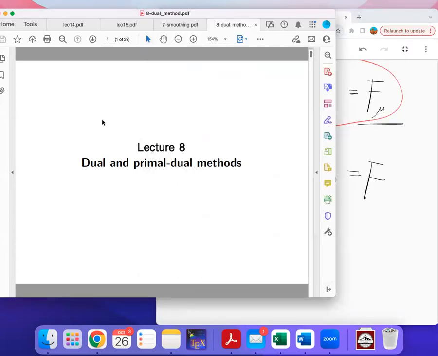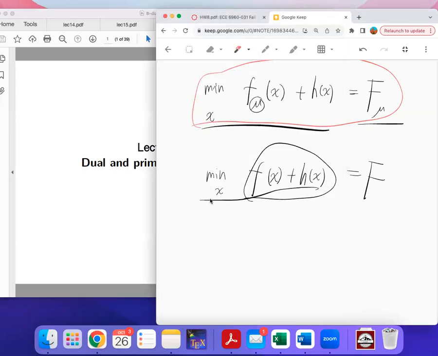Primal and dual methods. Here we will talk about a very important concept called the dual form of optimization problems. In the previous lectures, we were designing algorithms in the primal form, which basically refers to the original optimization problem that we are looking at.